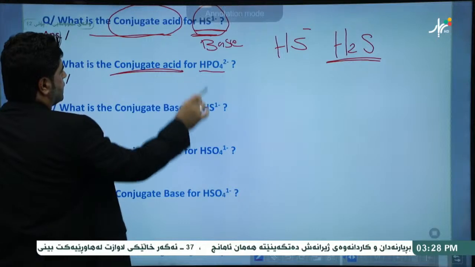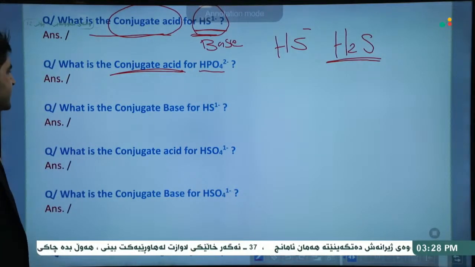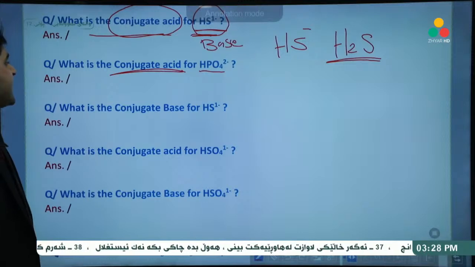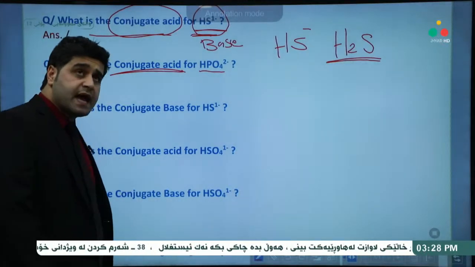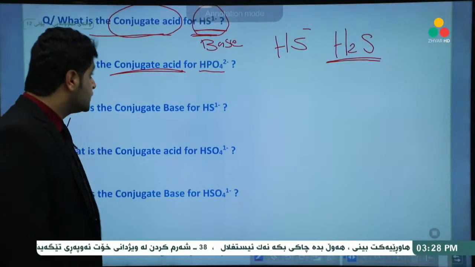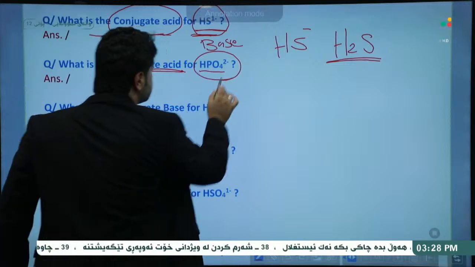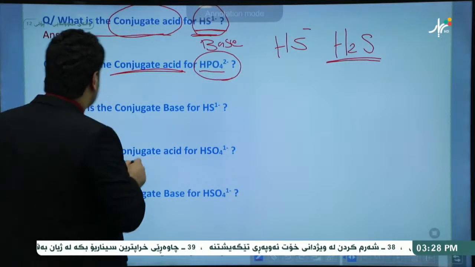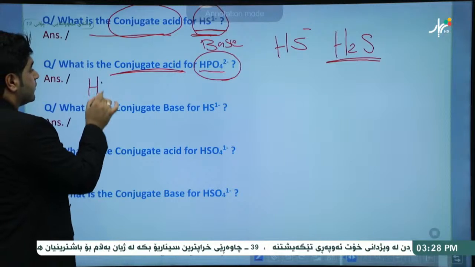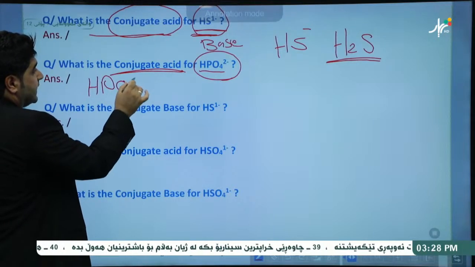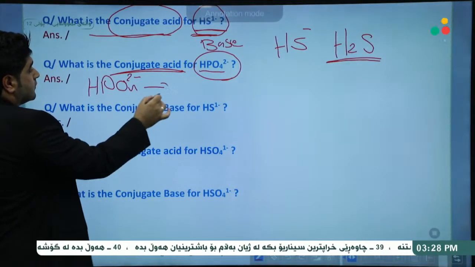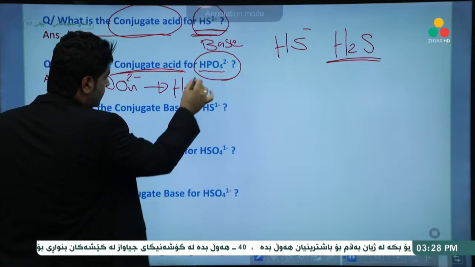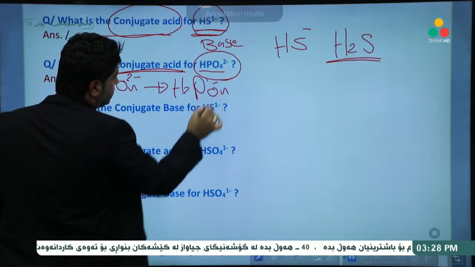Okay. What is the conjugate acid for HPO4 2-? Well, again, let's apply the definition of conjugates. A conjugate acid is produced when we have a Brønsted-Lowry base. So this is a Brønsted-Lowry base. It can receive a proton to be a conjugate acid. HPO4 2- will be H2PO4 -1.